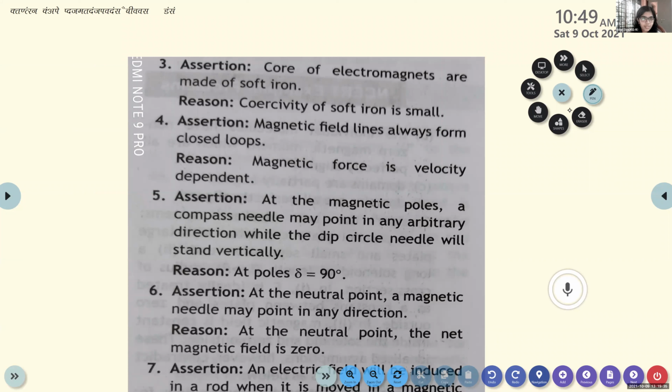True. It is true. Core of electromagnets are made of soft iron. Okay. Now the reason: coercivity of soft iron is small.